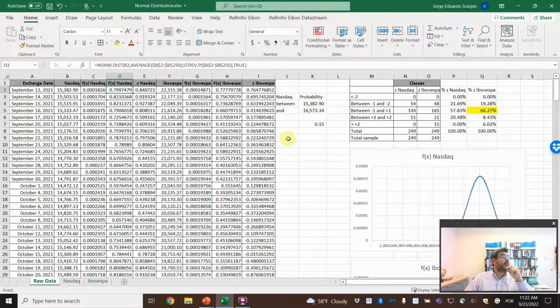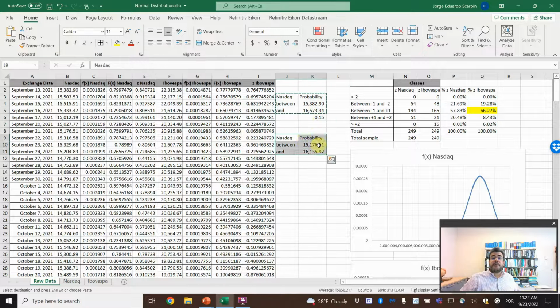Or if we want to go to one formula, so for instance, probability between 15,000 and 17,000. I have no idea if we have these very rounded numbers. Probably not.